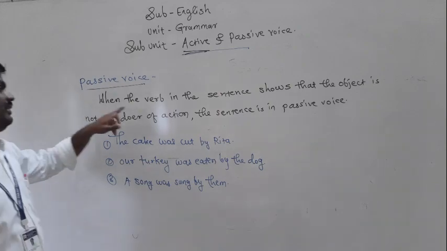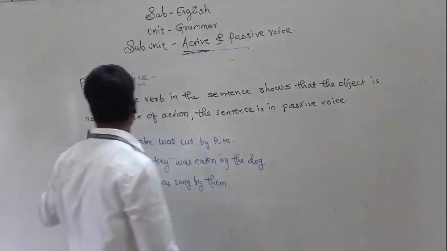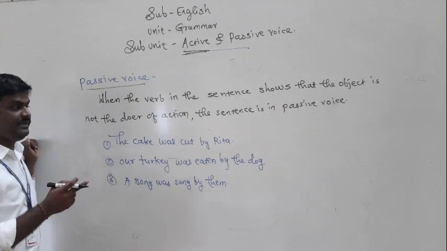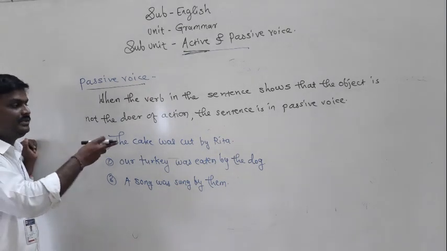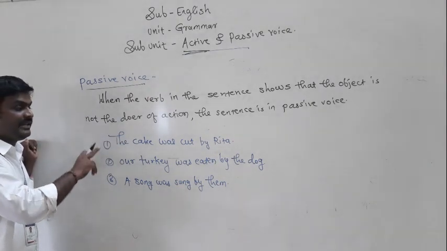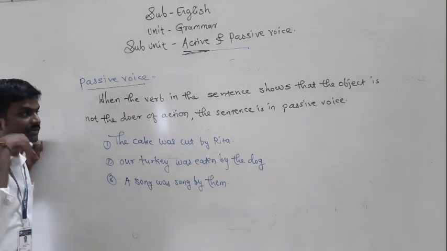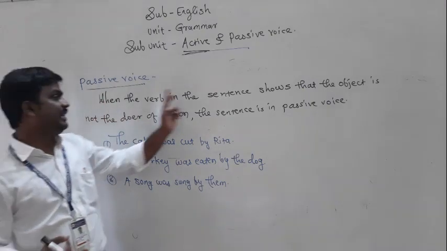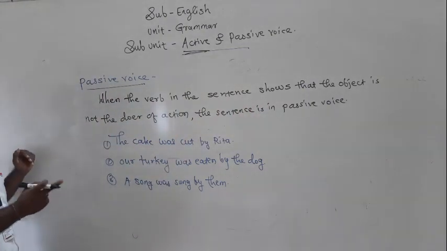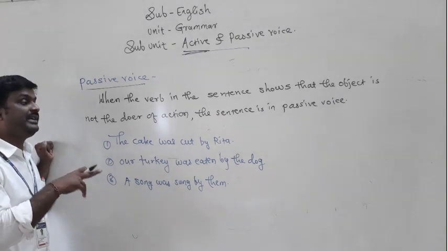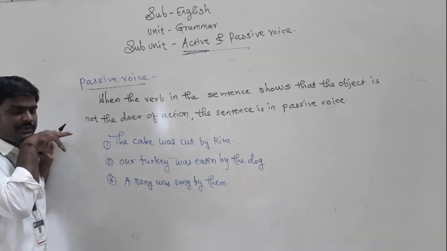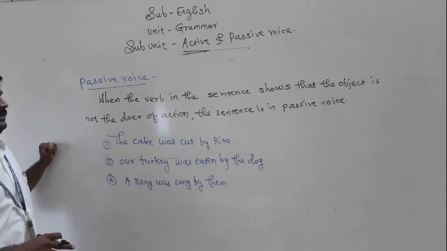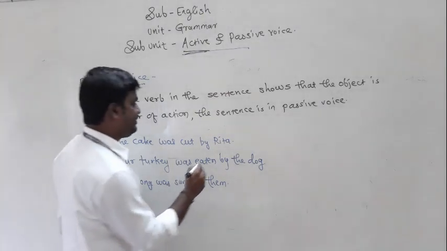See friends, when the verb in the sentence shows that the object is not the doer of action. Pay attention here. In the previous statement, I took that Rita cuts the cake. There, Rita was the doer of action, working as the subject. But here, the subject becomes object and the object has become subject. And here, Rita is not the doer of action.